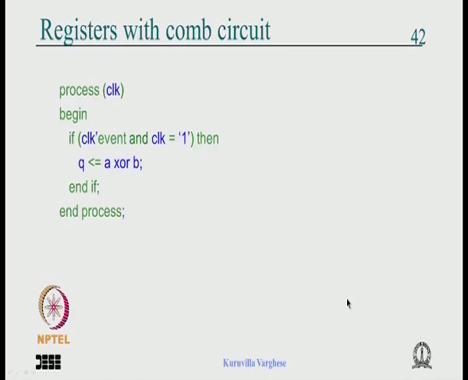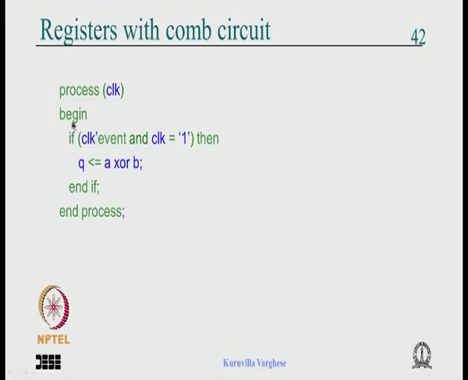Now please look at this code first. We will talk about its behavior. It says process (clock). I am not showing the reset; you can add it, it makes no difference.